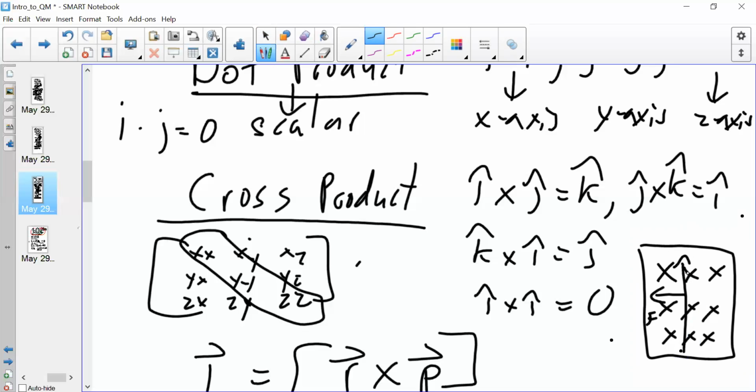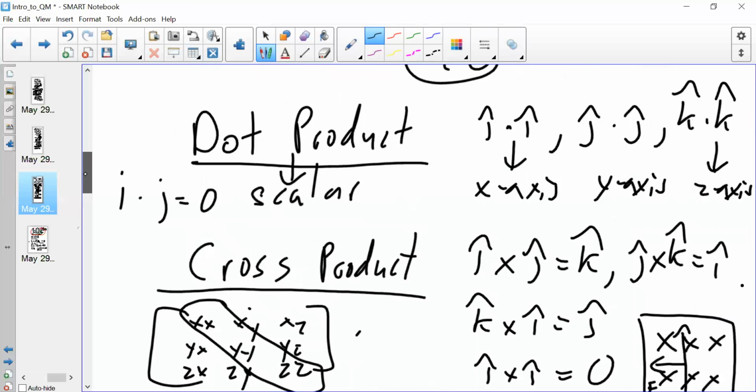And if the magnetic field was coming out of the page, then the force would be going to the right. So it's all right-hand rule stuff. Anyway, that's just an illustration to show you that the cross product is always going to give you a new vector. Okay, back to the dot product and all that stuff.